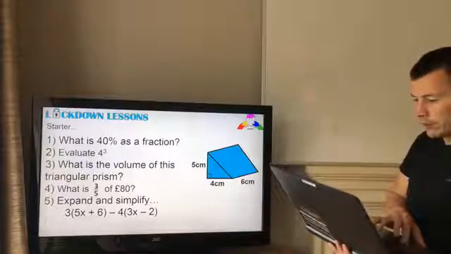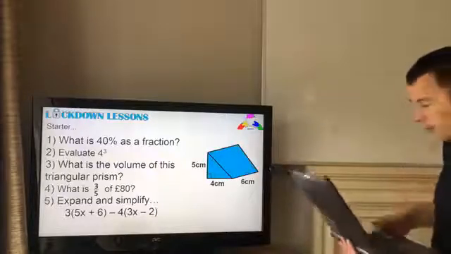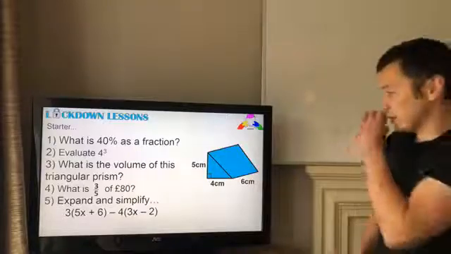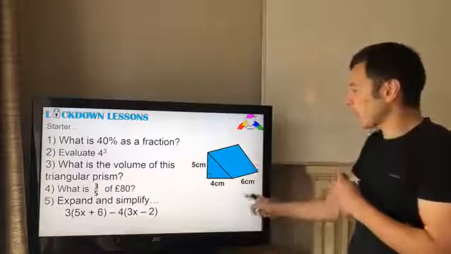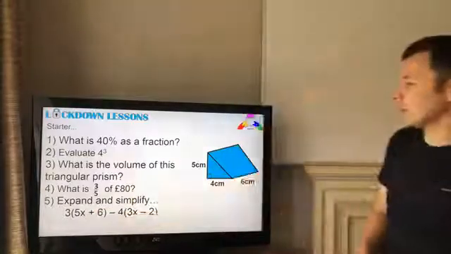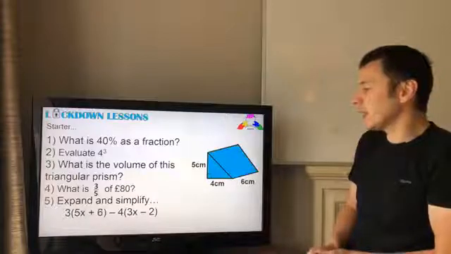If anyone needs any help or anything, please let me know in the chat as well. I think these are some tough ones today. Definitely tough shape to find the volume of. Very tough to get all full marks on that one as well. Probably a 2-mark question nowadays in the GCSE paper.